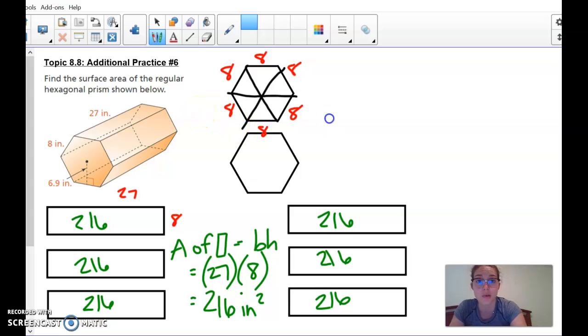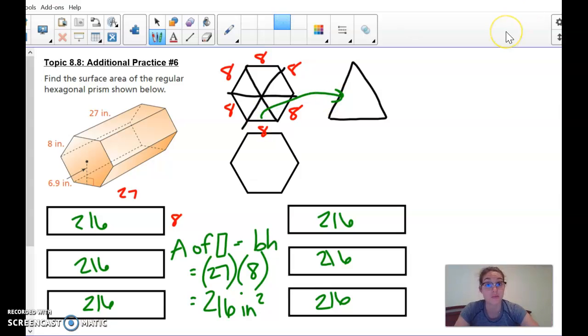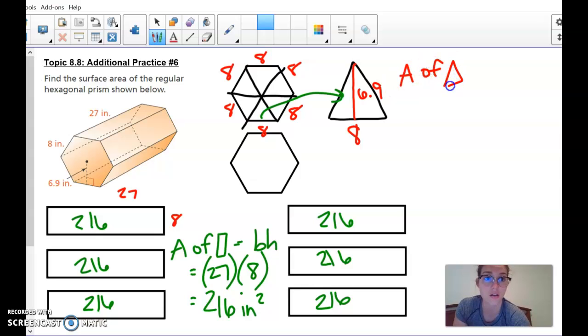And if I draw this triangle a bit larger, so this is basically this small one right here. If I draw that triangle a bit larger, I know that the base of that triangle is 8. And I also know the height of that triangle is 6.9. Now, if I find the area of this triangle, I know area of a triangle is equal to 1/2 times the base times height.